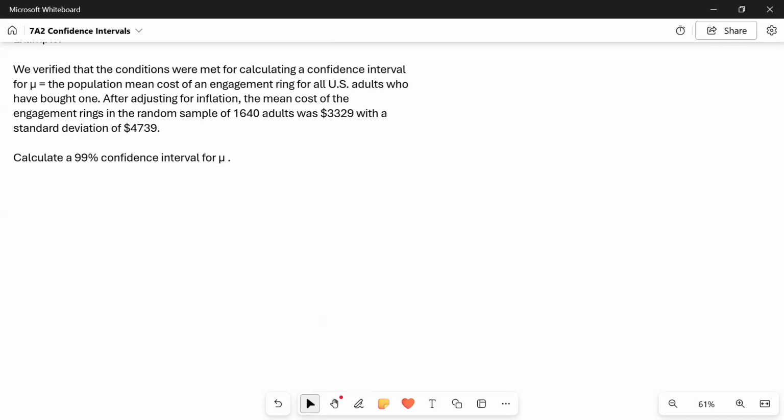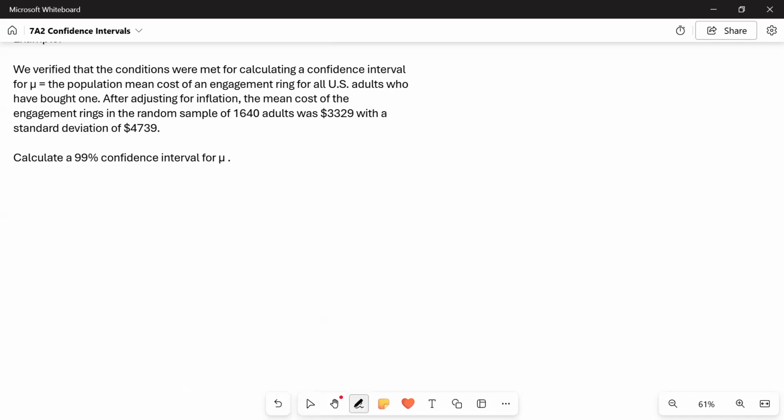So after adjusting for inflation, the mean cost of engagement rings in the random sample of 1,640 adults was $3,329. Standard deviation, 4,739. We want to calculate a 99% confidence interval for the population mean.